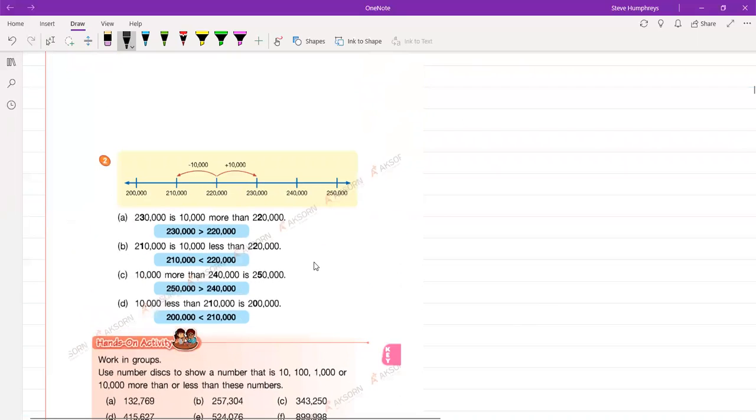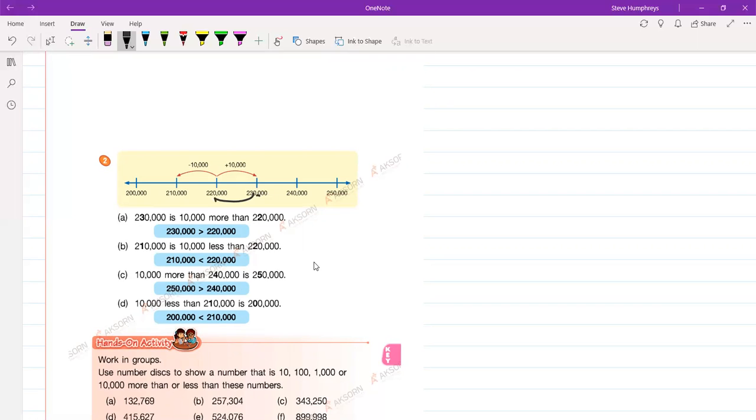Okay, here we're using a number line. This can help. 230,000 is 10,000 more than 220,000.